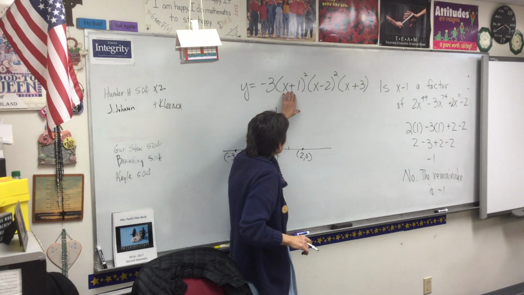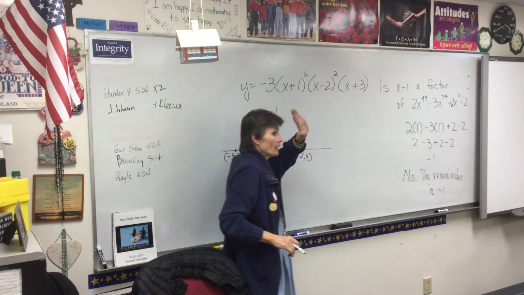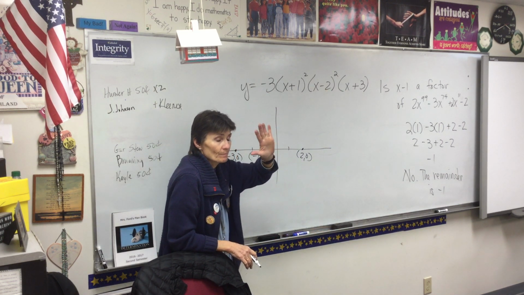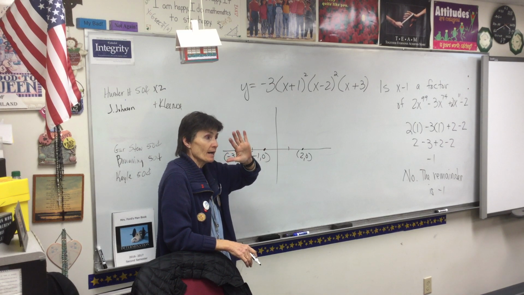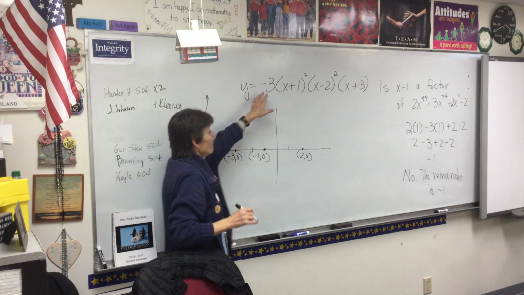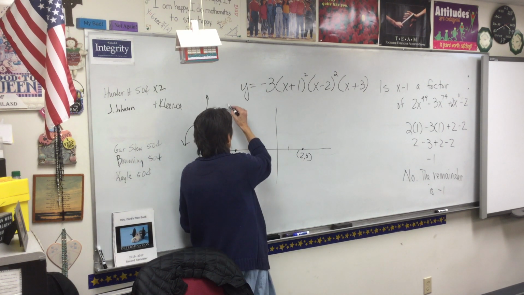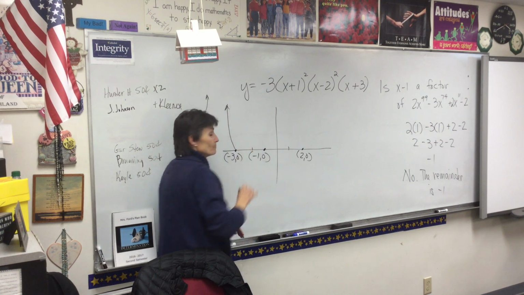So we've got two more, and one more. So that's a total of 5. 5 is odd. Odd is this, but there's a negative in front of it. So it's the other way around. It's going to start up here.